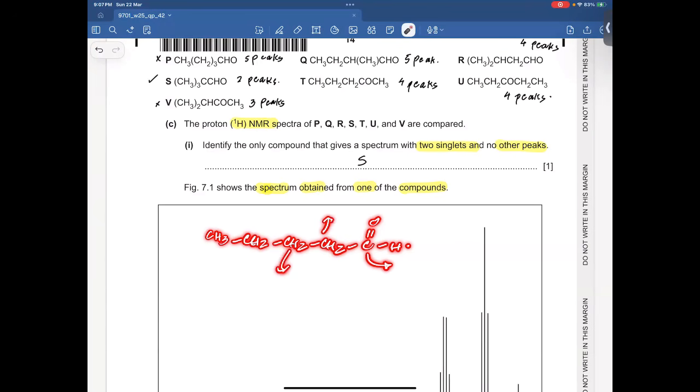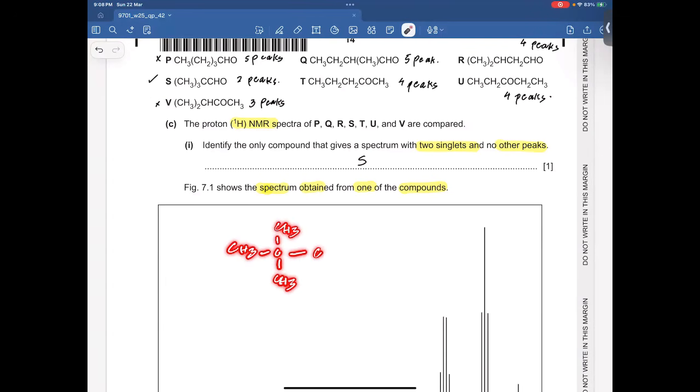This will give you a quintet. So we are getting 2 triplets, whereas we have only 1 triplet here, which means P is not going to be the actual compound. Let's talk about S. We need 1 triplet and 1 quadruplet, only 2 chemical environments.